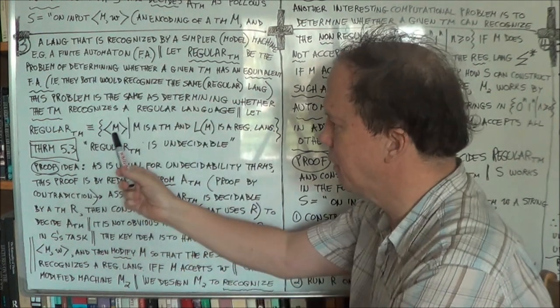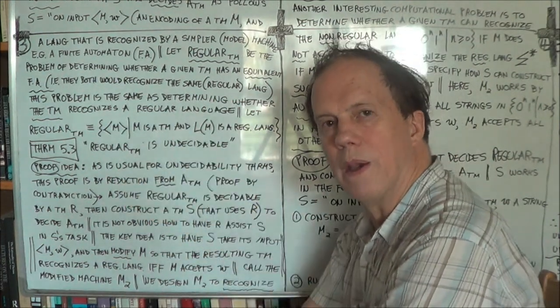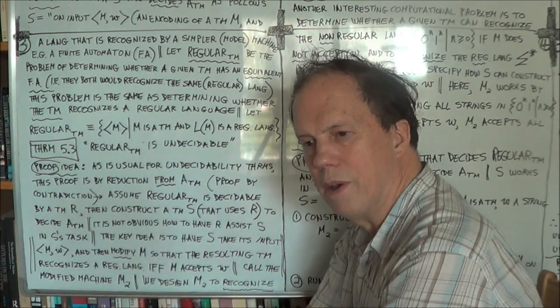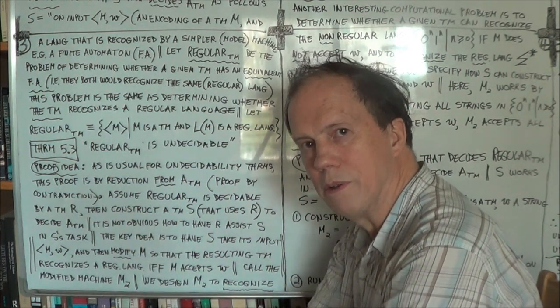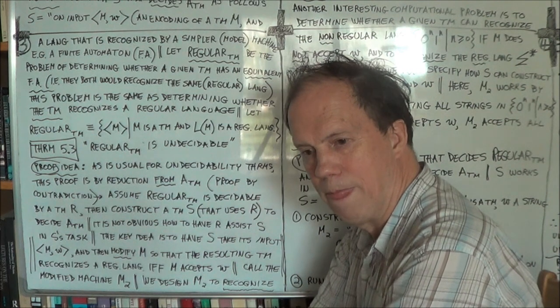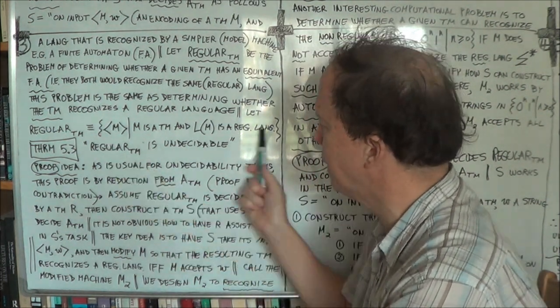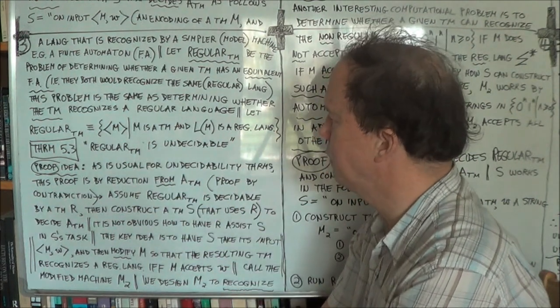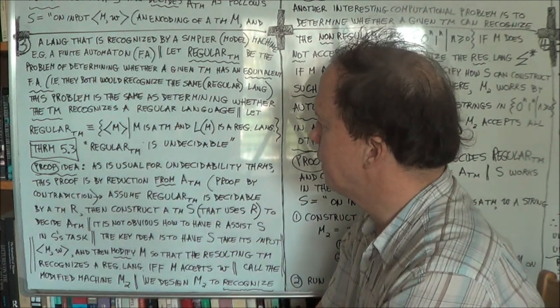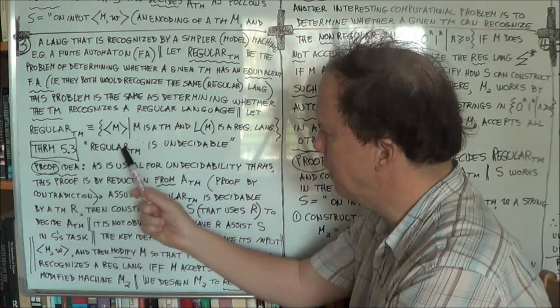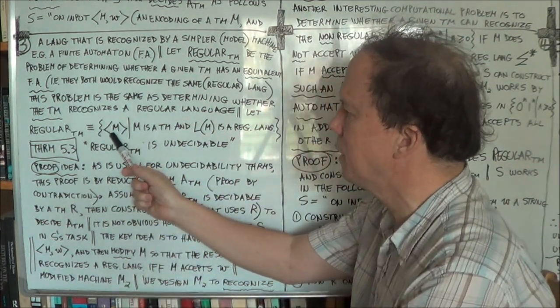Here's a random Turing machine M. Yes or no, does it have an equivalent finite automaton? So assume there is a machine that can decide this language.